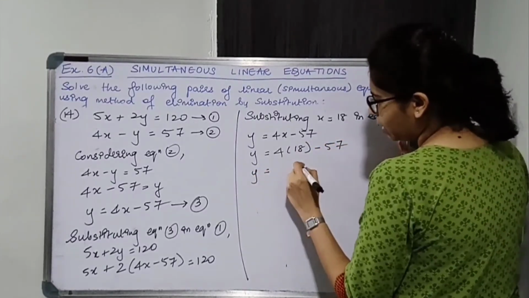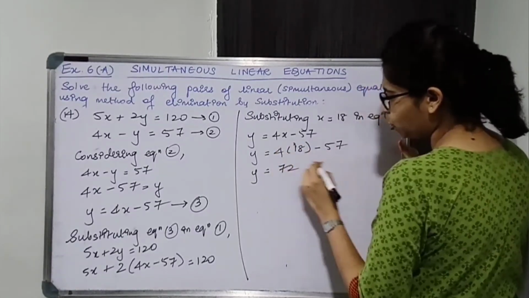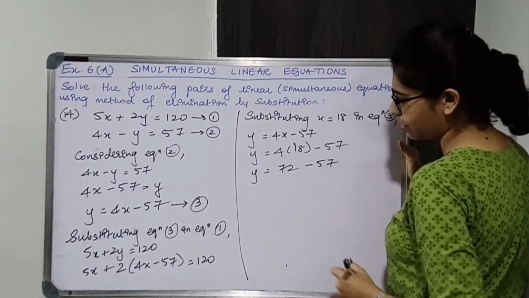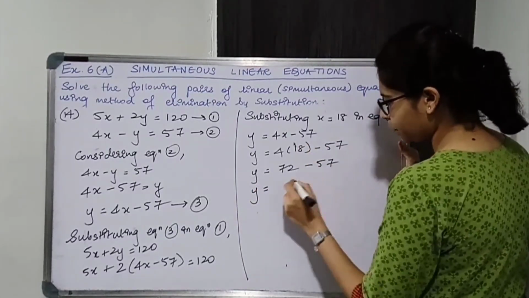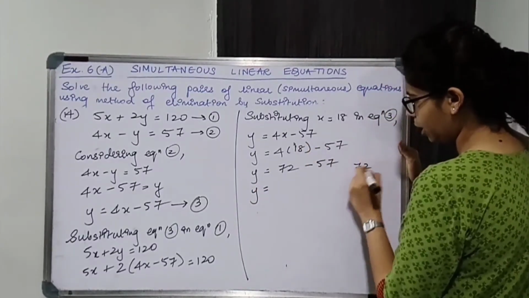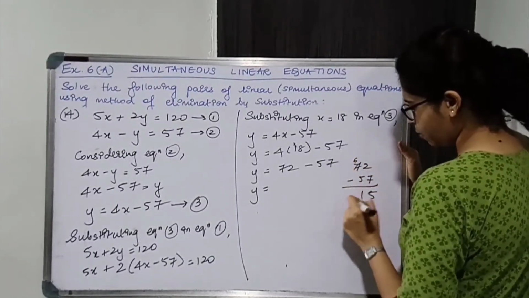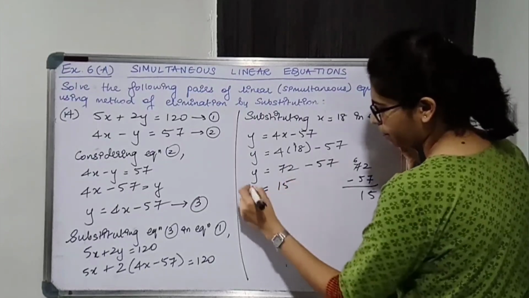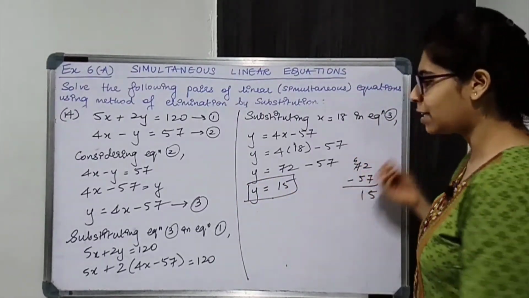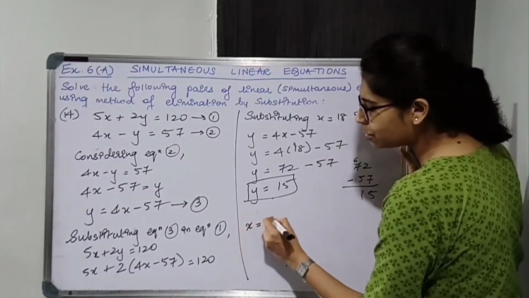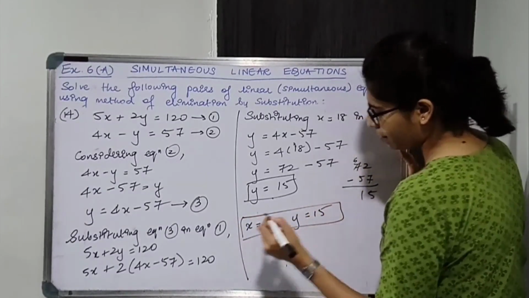So that will become 8 4s are 32, 72 minus 57. Sorry, I don't remember the tables. Okay, so I need to calculate. So we'll get 15. Okay, so x is 18 and y is 15. Write down the final answer. All right.